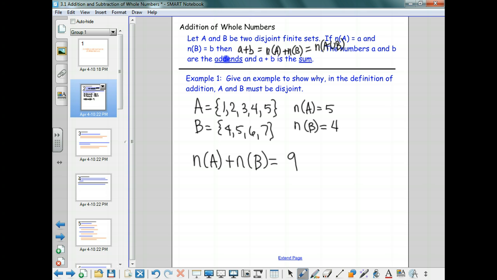If we actually calculate the union of these, which is something we learned how to do in the last section, how many items are in this union? Maybe we should do it this way first. What is the union of those sets?